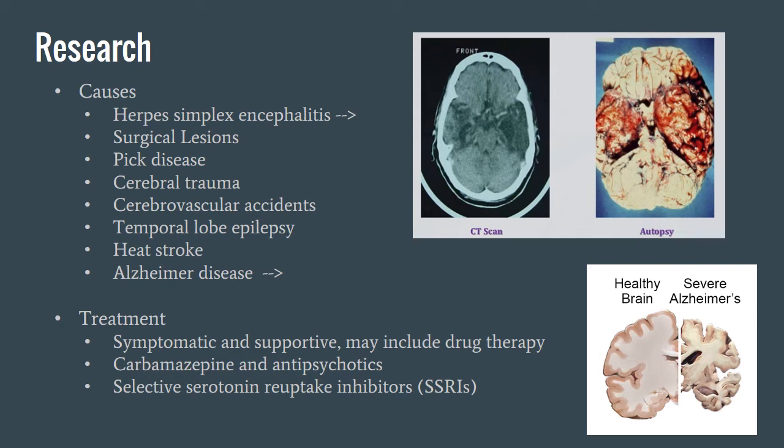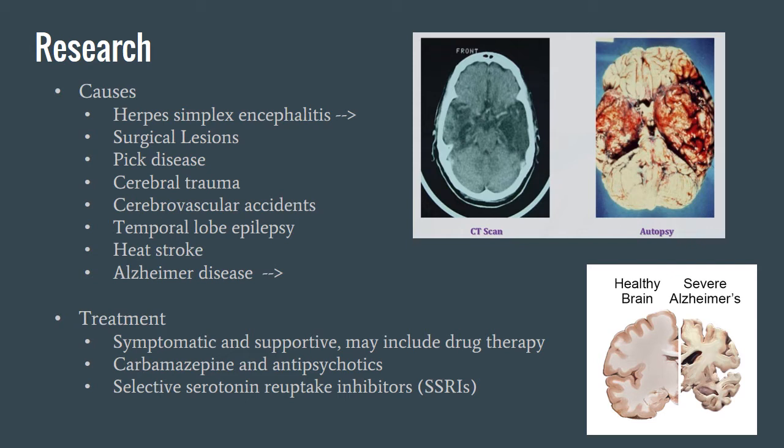Current research has shown there are many causes of Kluver-Bucy syndrome besides removal of the anterior temporal lobes. The most common cause is herpes simplex encephalitis, which is a viral brain infection. The picture to the top right shows a CT scan and an autopsy of someone who had this disease.